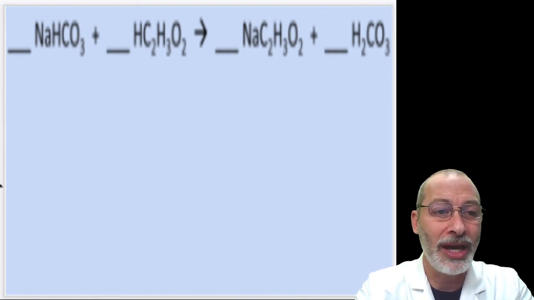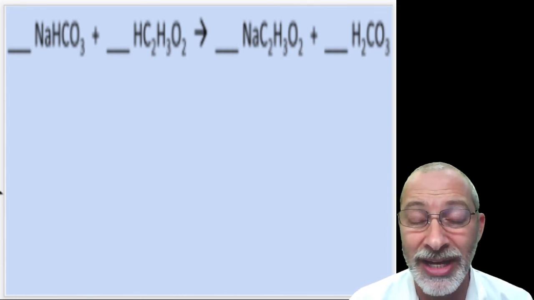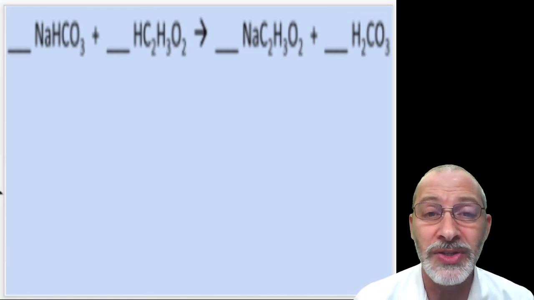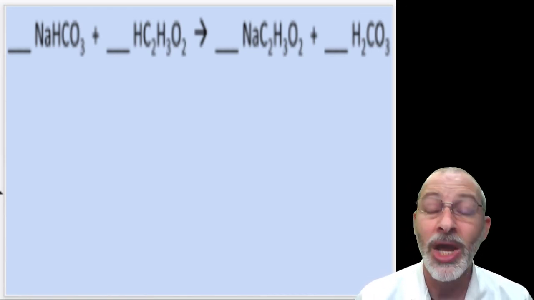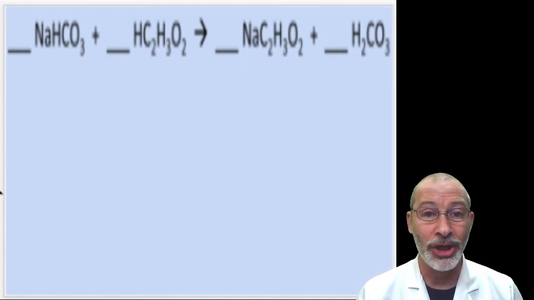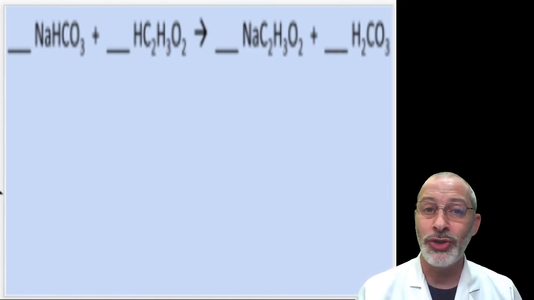And so what I'd like you to do now in your books is write this reaction down and then go through the 4 steps of balancing the equation. When you have finished balancing the equation, I'd like you to do the rest of what I asked you to do yesterday.